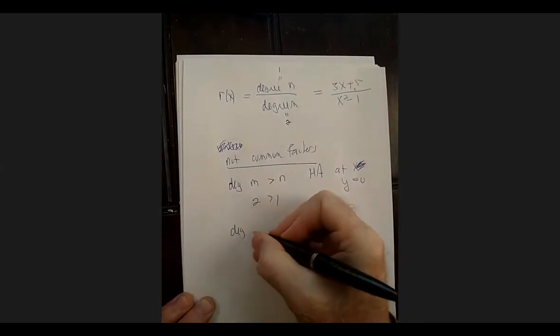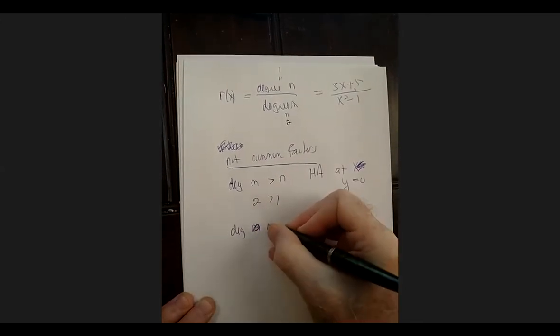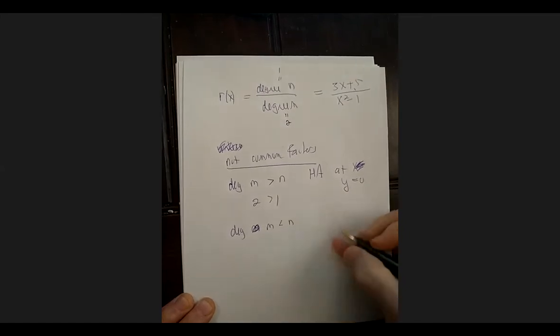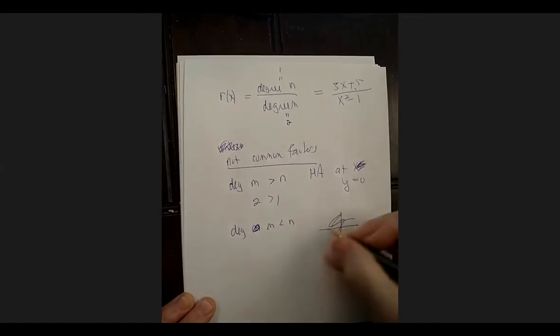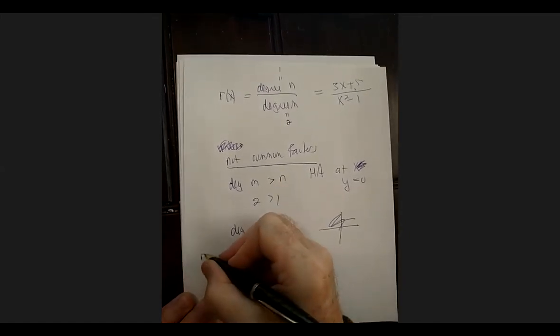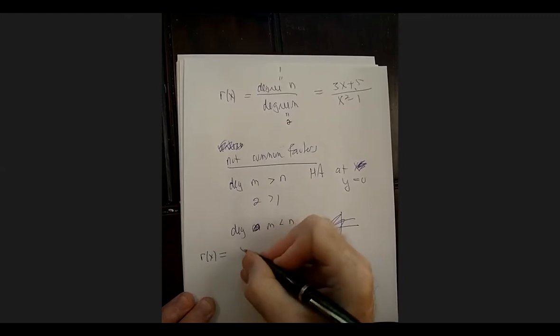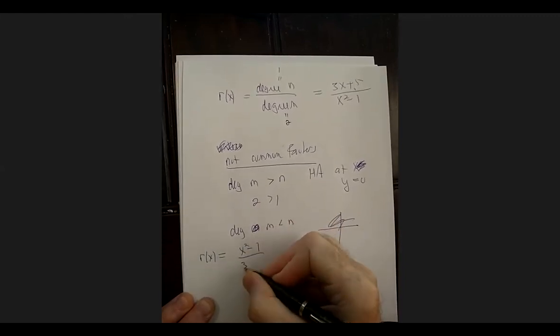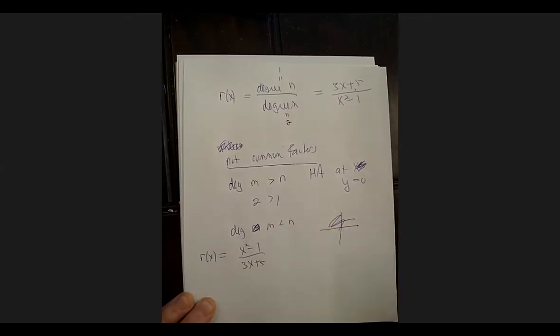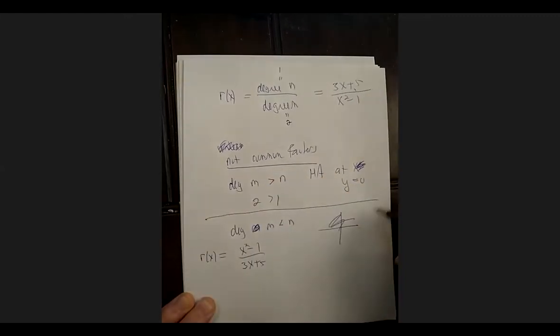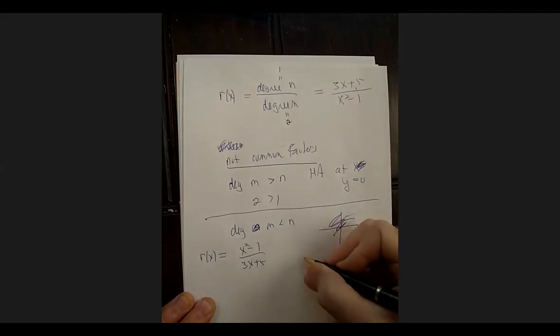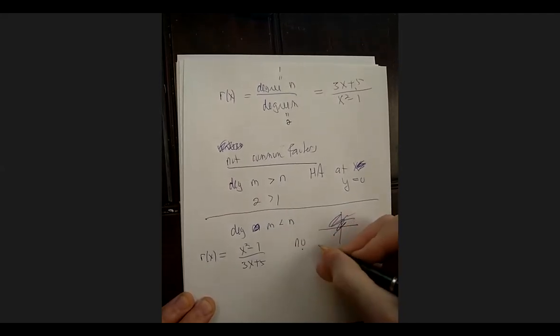If we have the degree m less than n, so let's reverse things and look at this. I can go through the problem in detail if you want, but I want to give an overview now. Then there's going to be no horizontal asymptote.